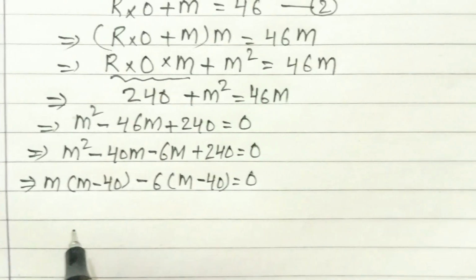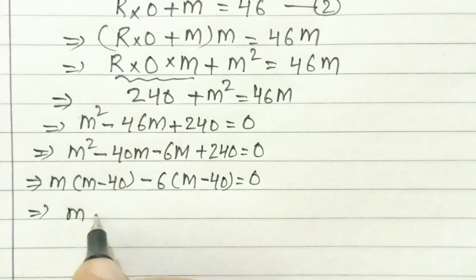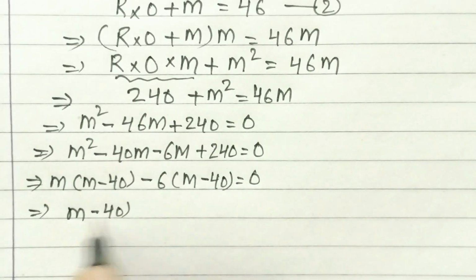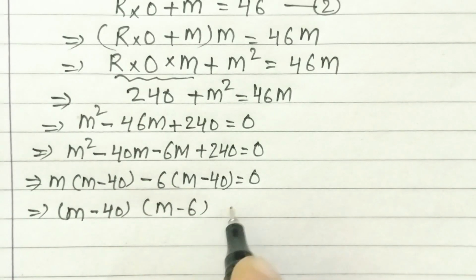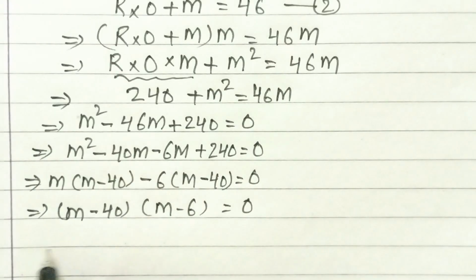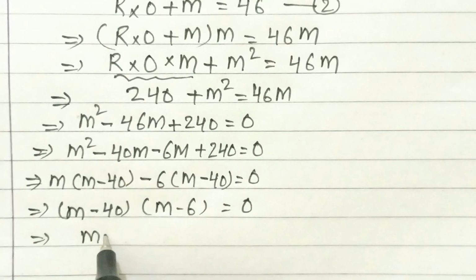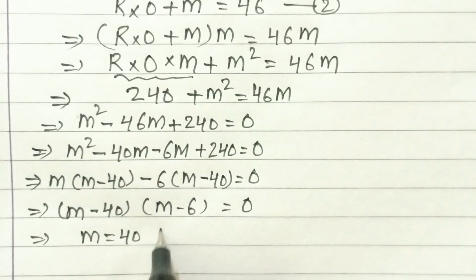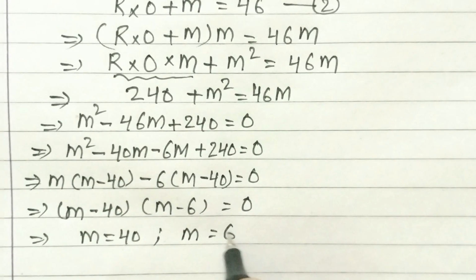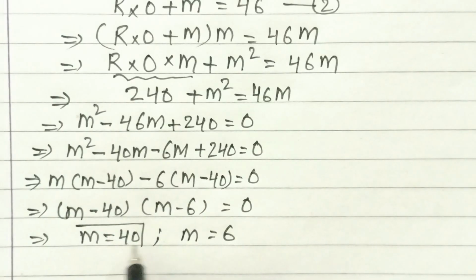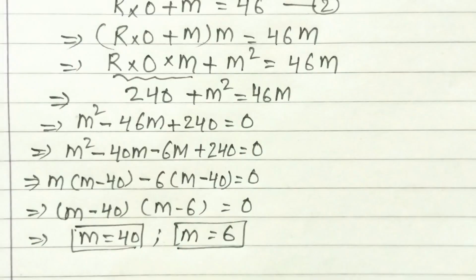So the factors are (M minus 40) and (M minus 6) equal to 0. So we can safely say that M is equal to 40 and M is equal to 6.